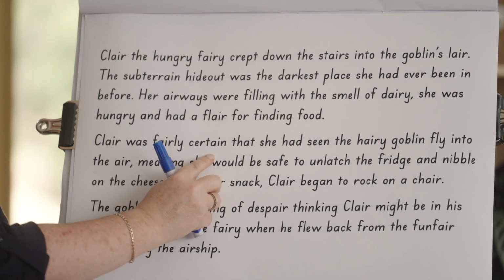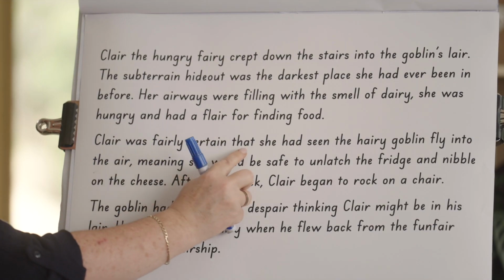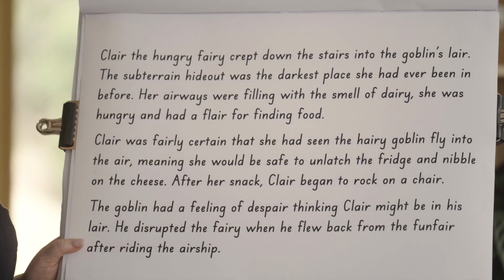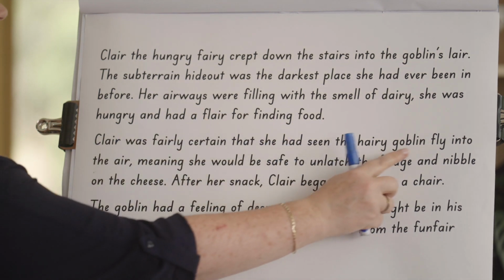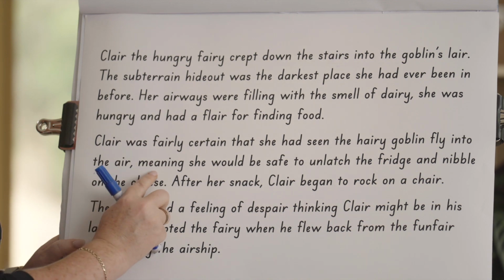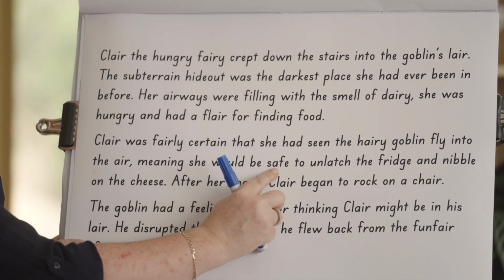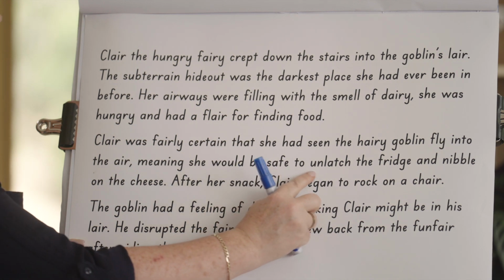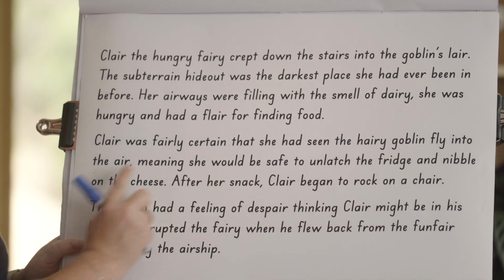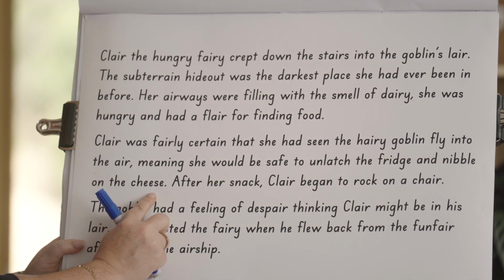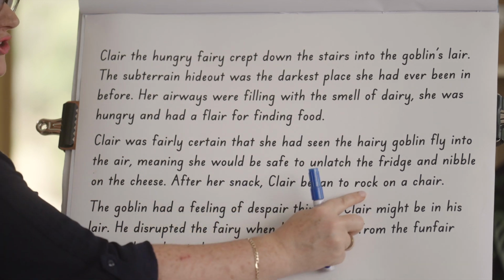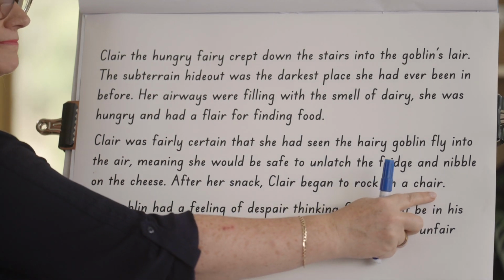Claire was fairly certain that she had seen the hairy goblin fly into the air, meaning she would be safe to unlatch the fridge and nibble on the cheese. After her snack, Claire began to rock on a chair.